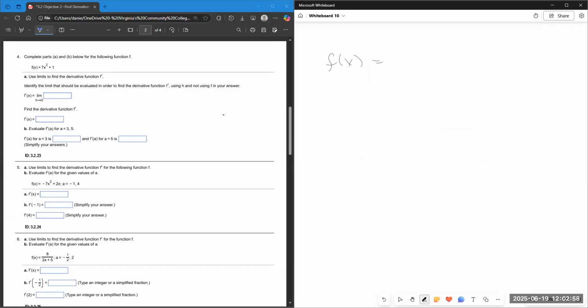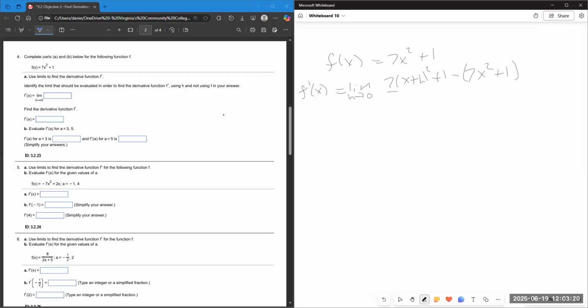f of x is now 7x squared plus 1. Let's write the limit definition of f prime of x. The limit as h goes to 0 of 7 times x plus h squared plus 1 minus 7x squared plus 1.